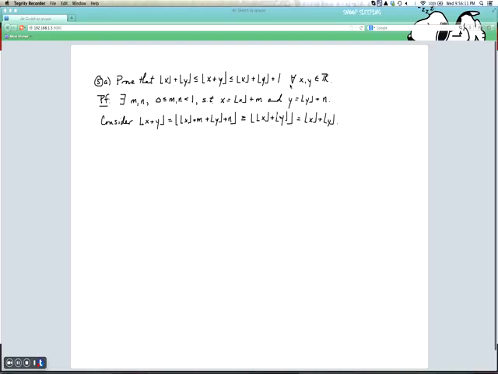And now let's look at this one. Again, I'll go through and see if I can get an inequality where this is bigger.